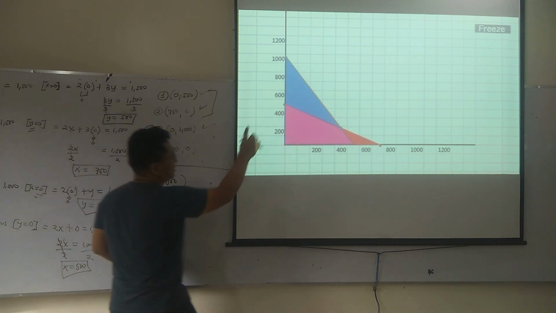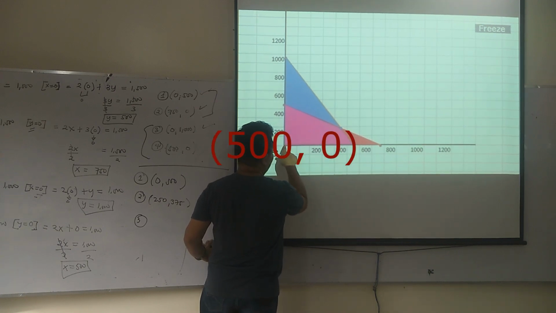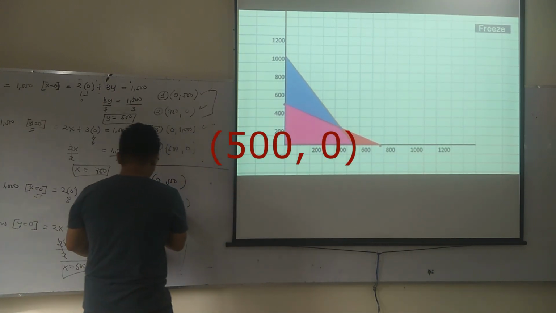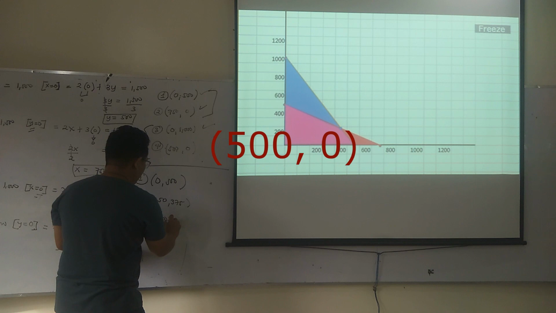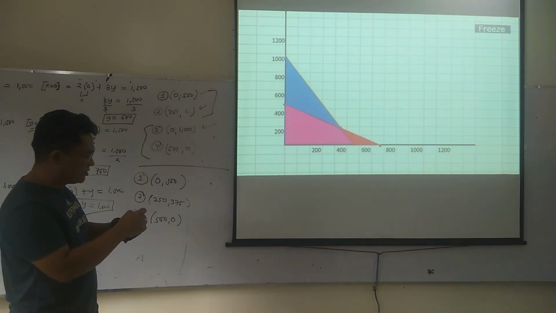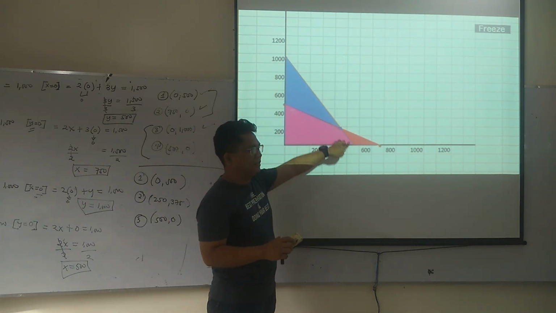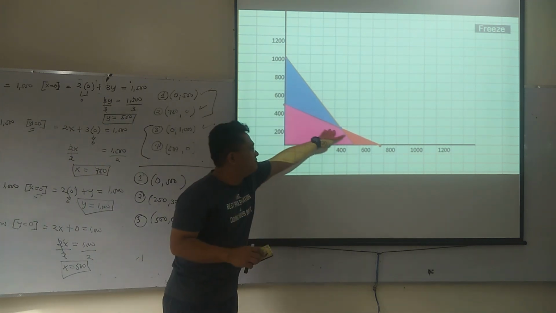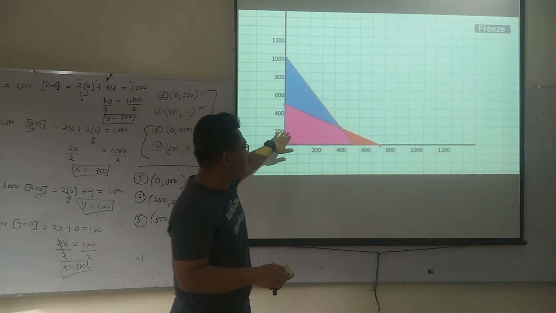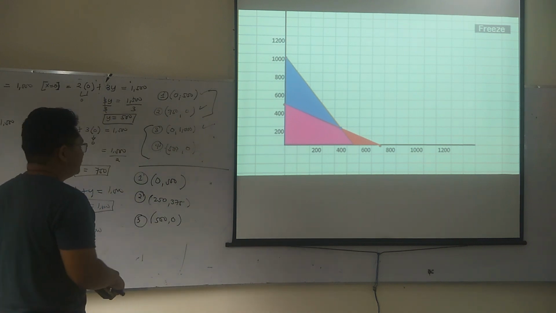And number 3, outer region is 500 for x and 0 for y. So these three are our possible solutions. That's the significance of the overlapping. That's the function of the graphing. The overlapping region represents the region of the possible solutions.